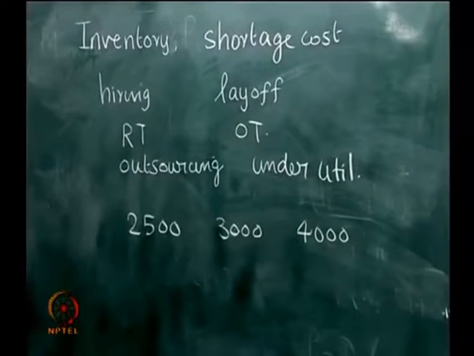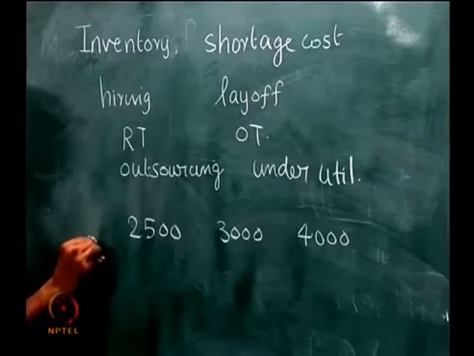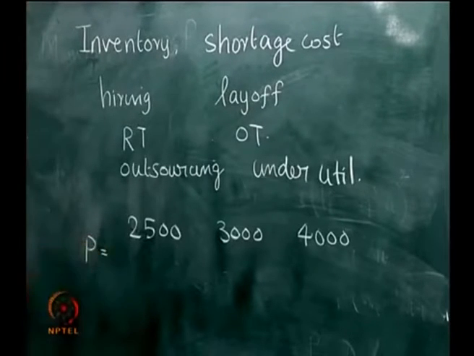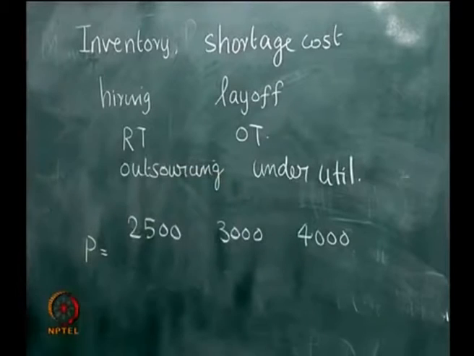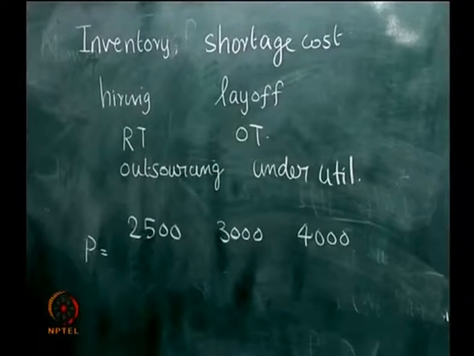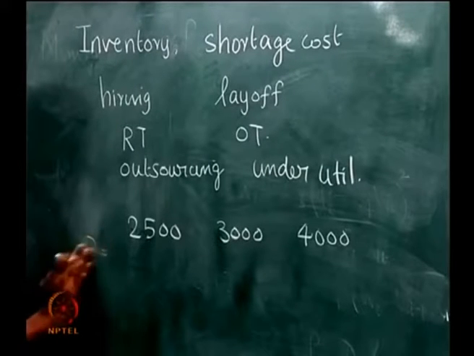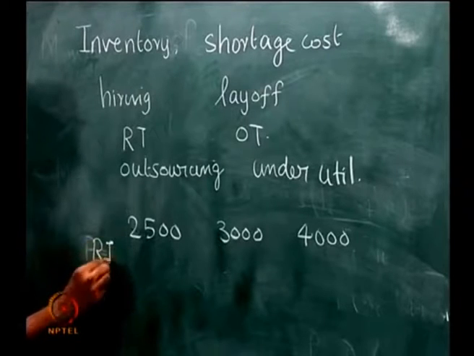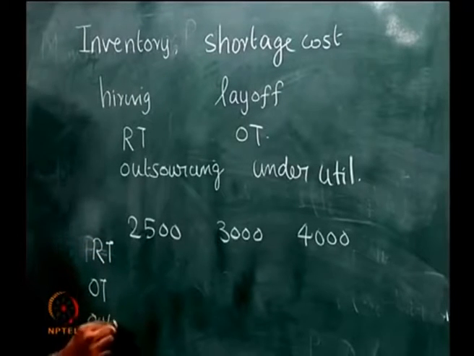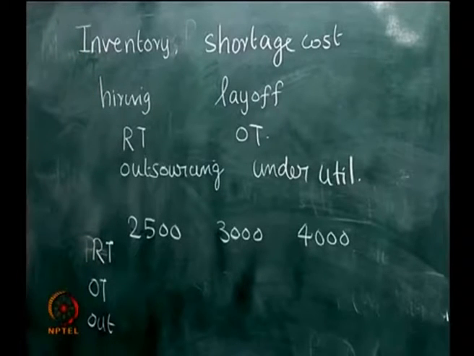Now, in a typical aggregate planning problem, we are now going to find out what is this P, how much of production man hours are we going to use in these 3 periods, such that we minimize the total cost. Now P actually has 2 components, which is regular time production and overtime production, and we could use outsourcing. There are 3 things by which we can actually produce.